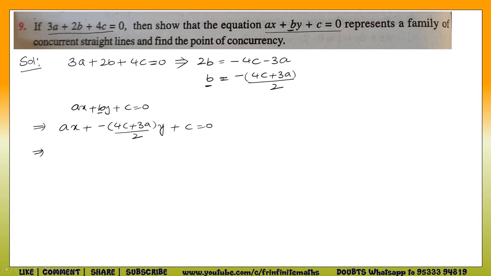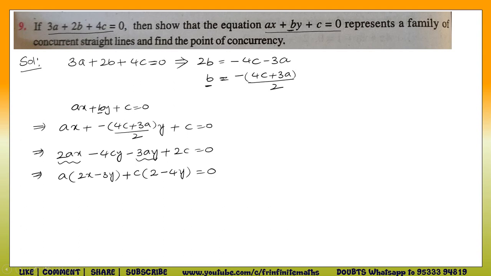Now by taking LCM 2, I can write this as 2ax minus 4cy minus 3ay plus 2c is equal to 0. Now taking out a as common, I can write a times of 2x minus 3y, plus c times of, if I take c as common here, 2 minus 4y is equal to 0.